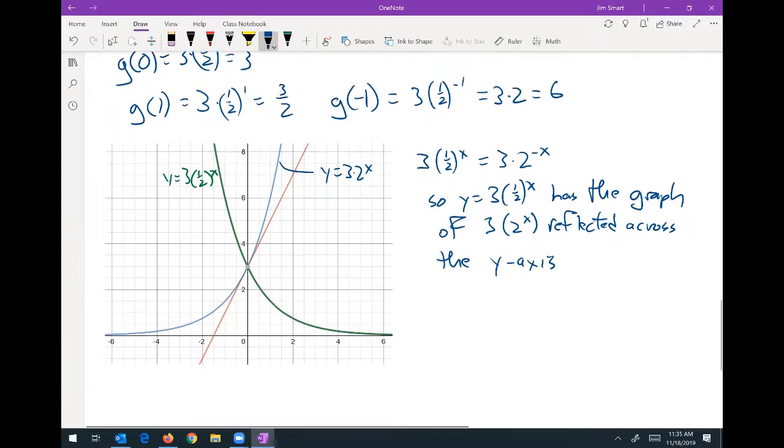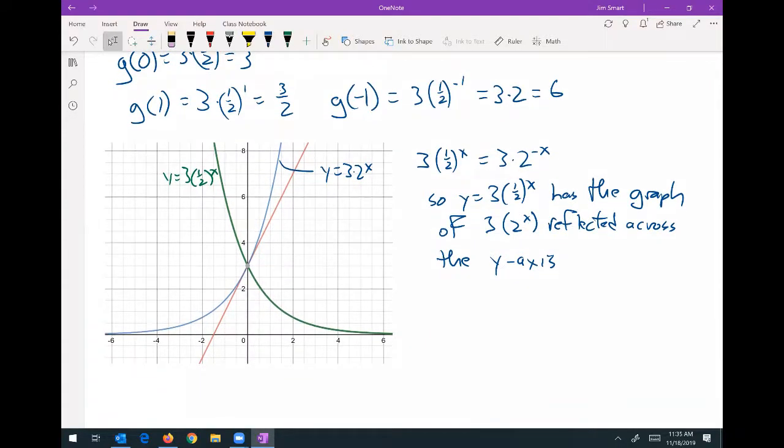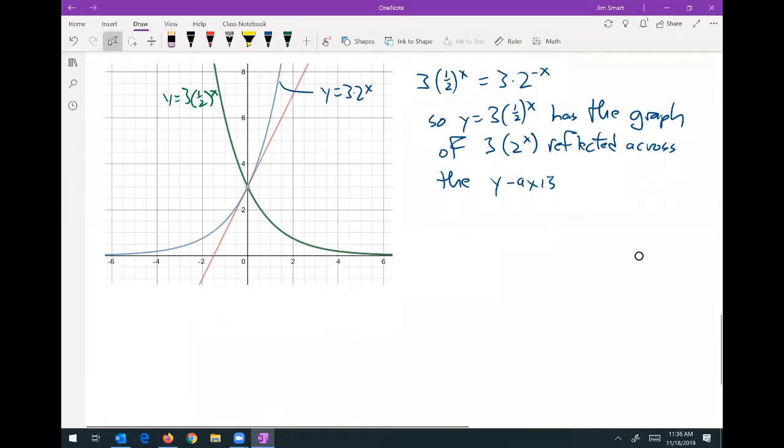I'm not going to go through it here, but all the rest of the transformations are the same. If I added or subtracted a number to x, that would shift it left or right. If I added or subtracted a number after the 2 to the x, that would be an up or down shift, etc. So those shifts all still hold.